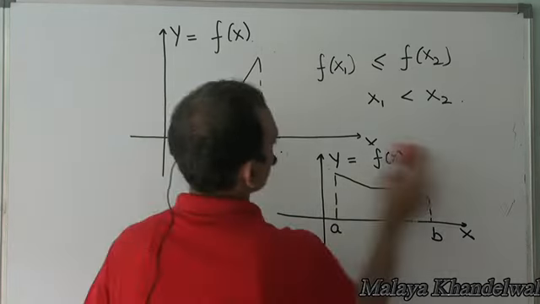Say, now I look at f(x) equal to floor x. See, the graph of this function is in the interval 0 to 1, it is 0. From 1 to 2, it becomes 1.